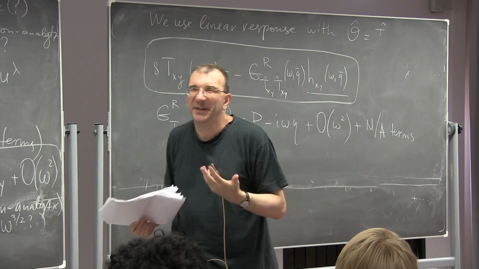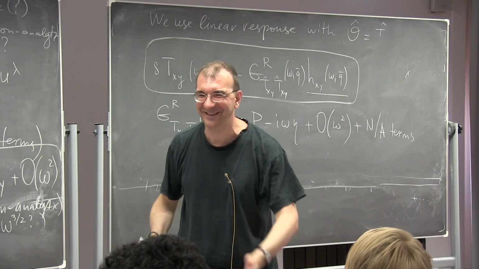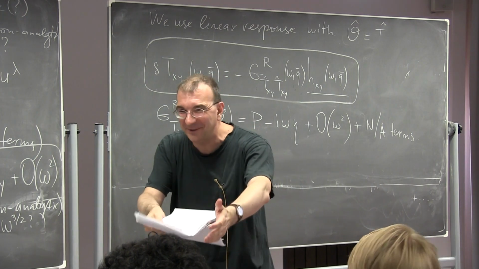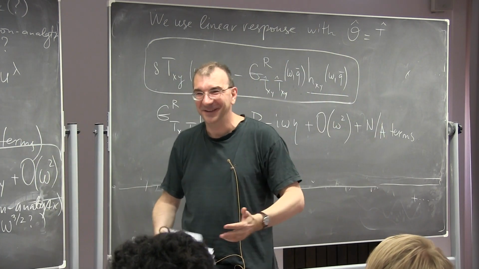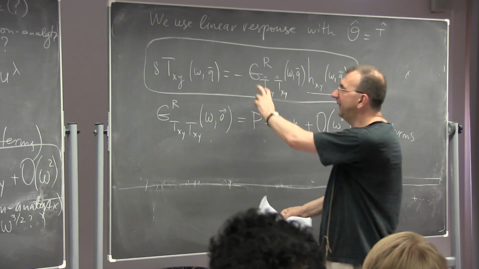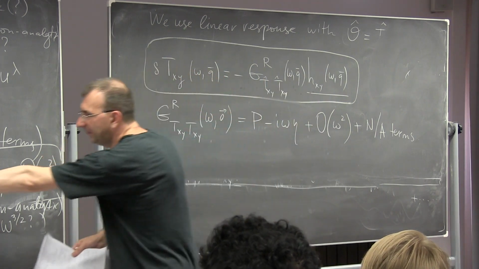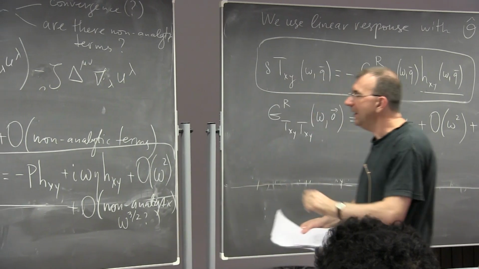But it's a plausible conjecture, right? They do come to a state which is described by hydrodynamics, by and large. It's hard to find a system which doesn't. So there is an element of conjecture that this thing must be equal to this with this particular expansion at small omega.